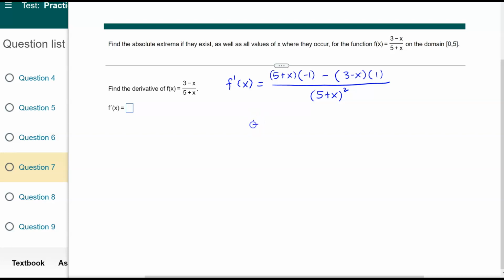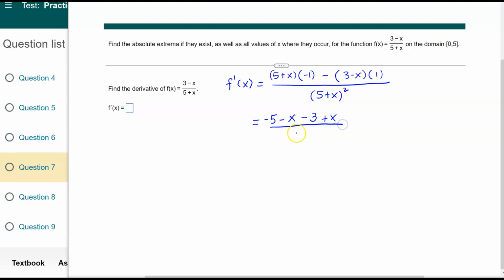Then you simplify. So this is equal to 5 plus x times -1, distribute that to each term in the parentheses. That's -5 minus x. Now the one here will remain, 3 minus x, and we have a negative sign here, so when you remove that parenthesis, you will have -3 plus x.